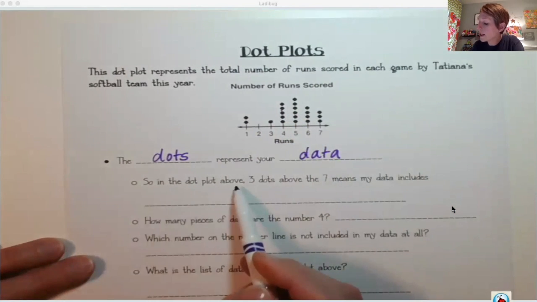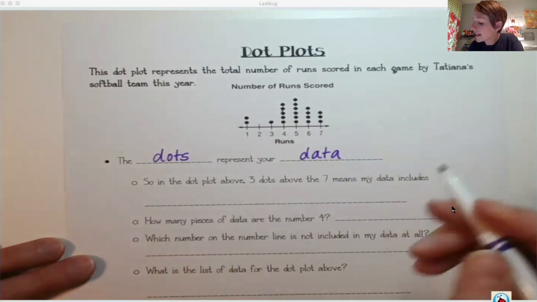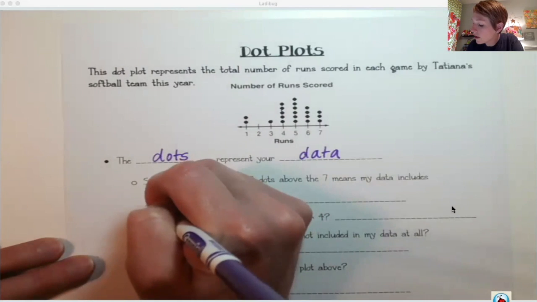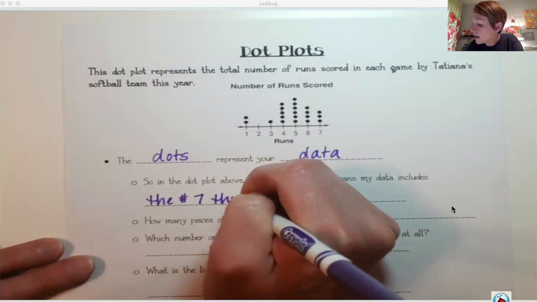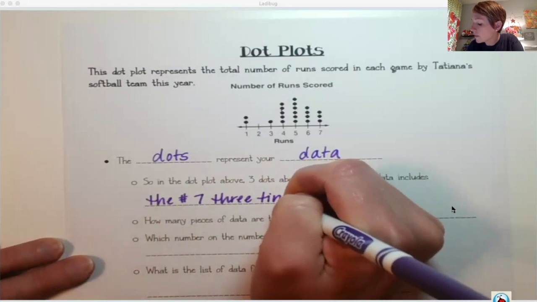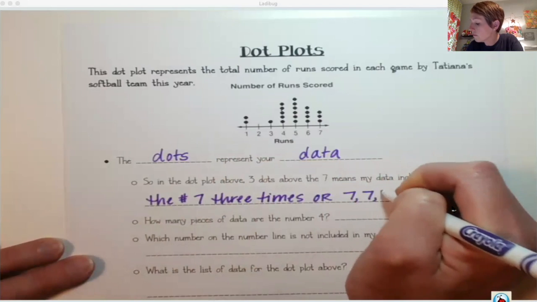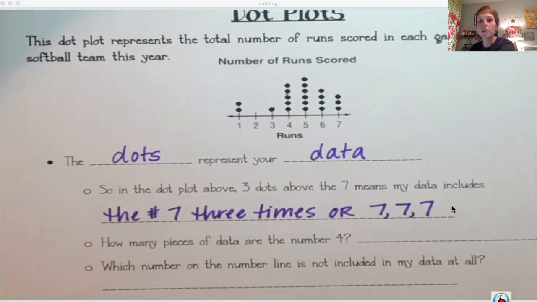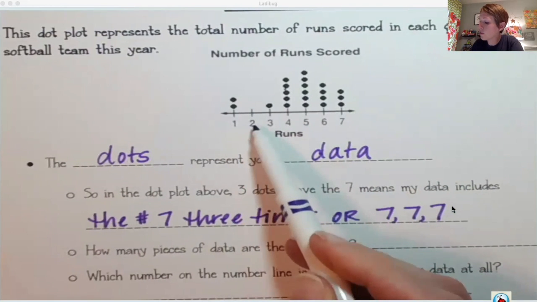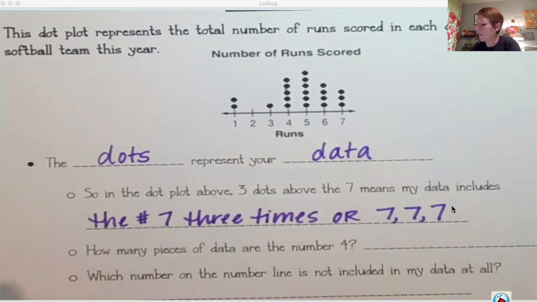So in the dot plot above, 3 dots above the 7 means my data includes the number 7 3 times, or 7, 7, 7, okay? Sometimes kids get confused and they think their data is 1, 2, 3, 4, 5, 6, 7. It's not, okay? And we're gonna keep talking about that.